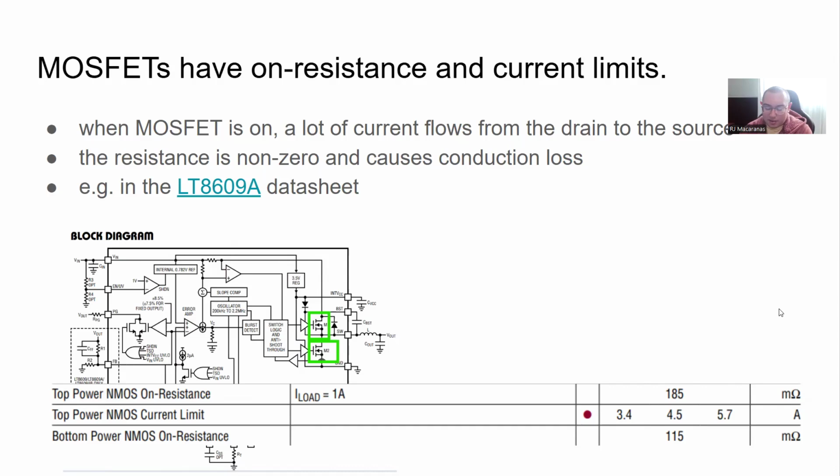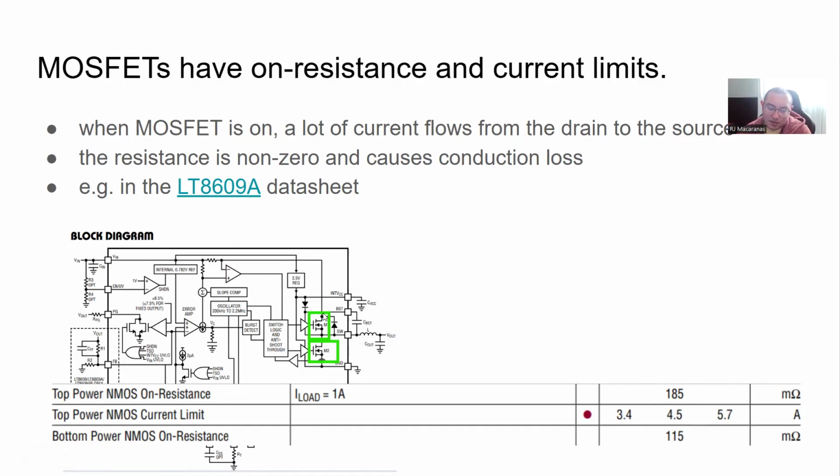Next up, we have MOSFETs. So again, inside of this integrated circuit are a couple of MOSFETs. We have our high side MOSFET and then our low side MOSFET, and this one's referenced to ground. And these MOSFETs have some sort of resistance when they are conducting.